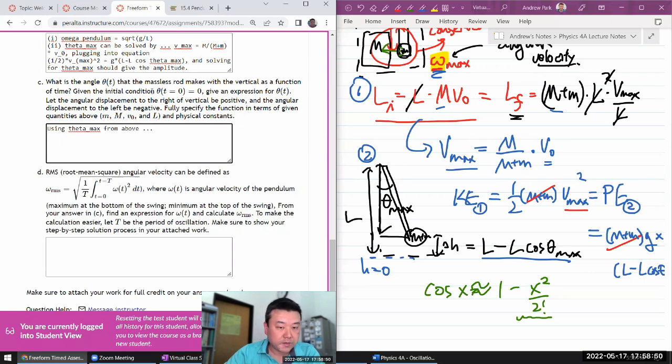In order to meet this condition, I need to use sine of omega t, and I should say theta as a function of time is theta max, the amplitude, times sine of omega times t, where omega is omega pendulum above.